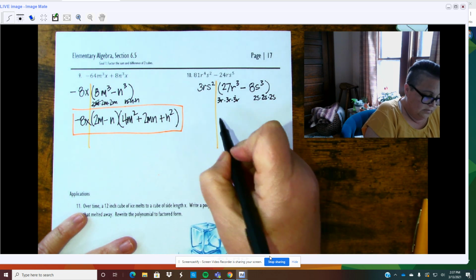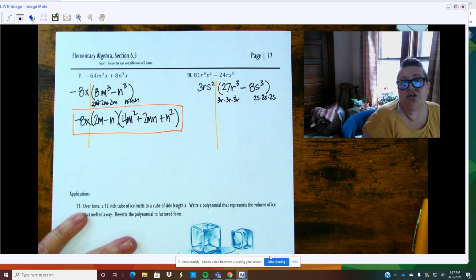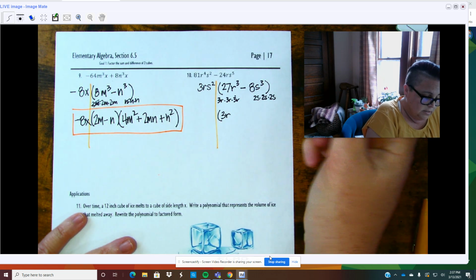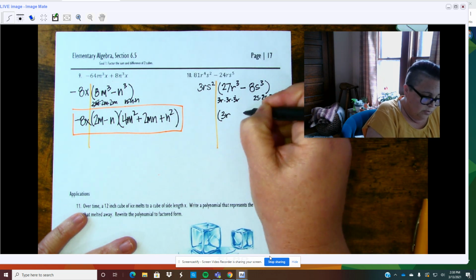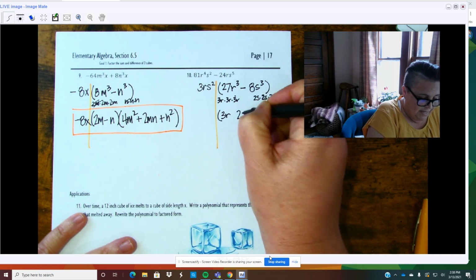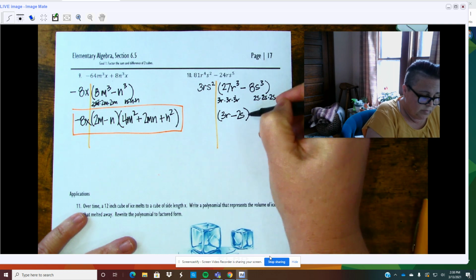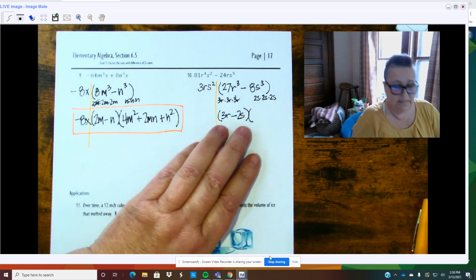All right. As they're perfect cubes, I can use this particular pattern: take the root of the first term, 3r, and the root of the second term, which is 2s. I want to keep the same sign as the original. Then I need the trinomial piece.